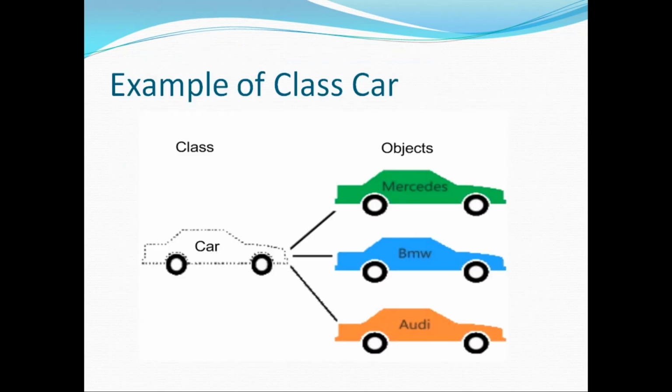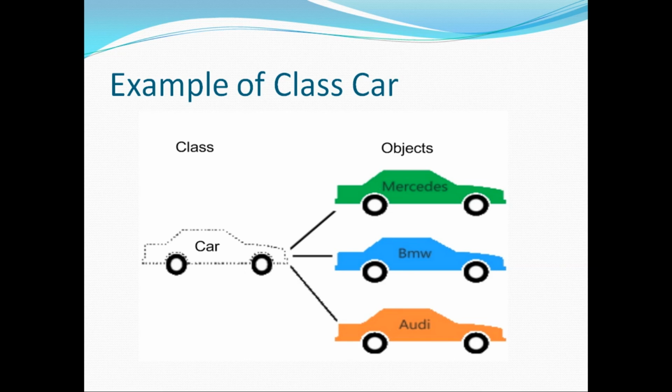So, this is another example of class. In this example, we create a class named car. There are many types of car with different names and brands like Mercedes, BMW and Audi. But all of them will share some common properties like wheels, speed limit, mileage range and so on.